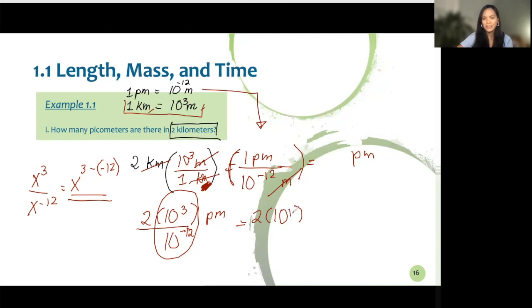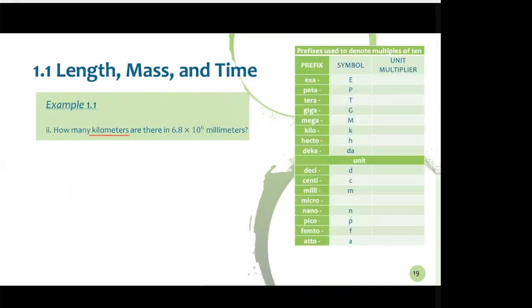Very good. So that is 2 times 10 to the 15 picometers. That's the answer.